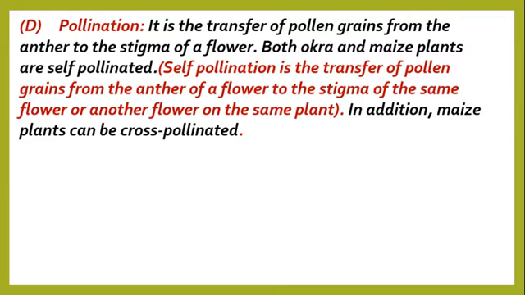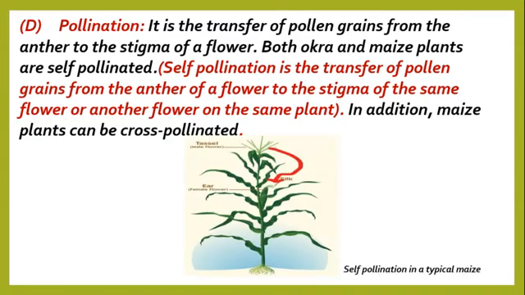So that is cross-pollination. So that's what I'm saying, that in addition, maize plants can be cross-pollinated. So let's look at the picture. Good. This is self-pollination in a typical maize plant. The red marking illustrates the movement of pollen grains from the male flower to the female flower.